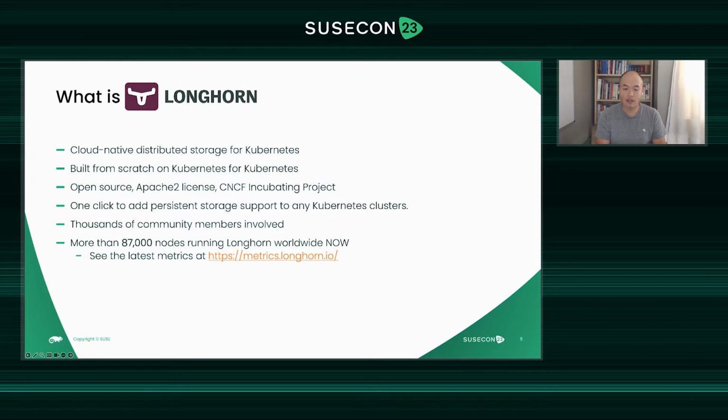Longhorn can add persistent storage support to any Kubernetes cluster through just one click or one kubectl command deployment. There are thousands of community members involved in Longhorn right now, and more than 87,000 nodes running Longhorn worldwide. You can see the latest metrics at metrics.longhorn.io.